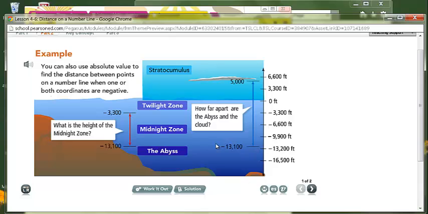What is the height of the midnight zone? Okay, sorry about that. So the abyss to the cloud, and then the abyss to the twilight zone is called the midnight zone. So we need to find that height, or what is the distance between these two. So there are two equations to be writing. Go ahead and pause to write those equations and solve.